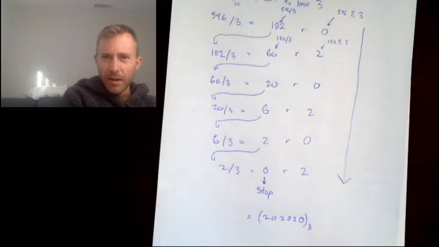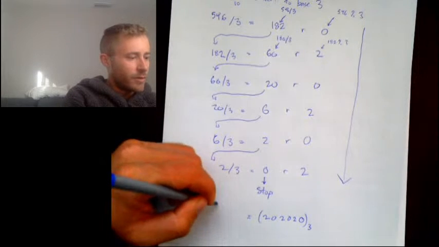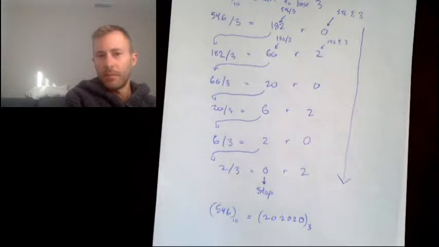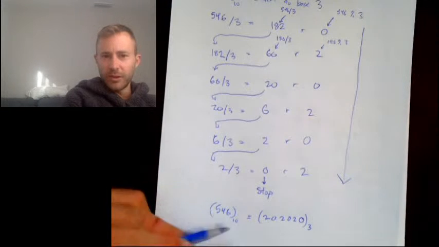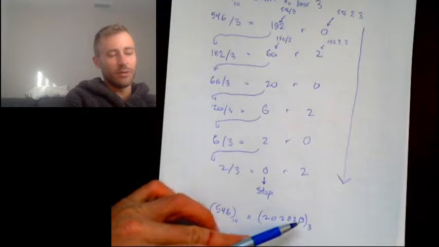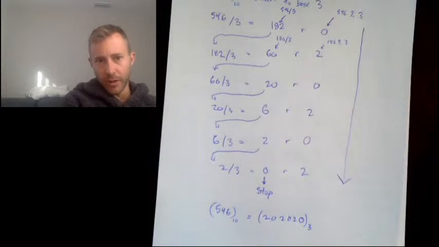Okay? And that would be 546. 546 in base 10 is equal to 202020 in base 3.